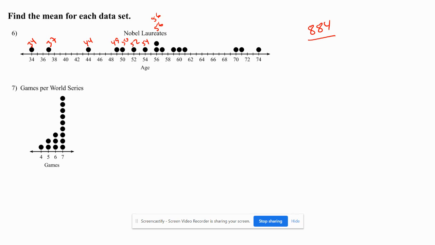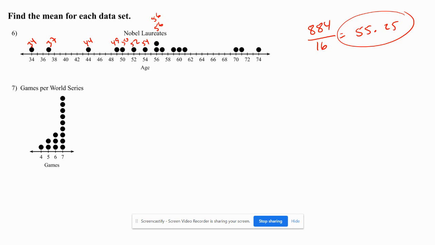Like I said, I added all my numbers. Now, I count how many dots there are, and there's 16 of them. So let me divide this by 16. 884 divided by 16. The calculator gives me 55.25. It's already 2 decimal places, so that is what I'm going to type in my answer.